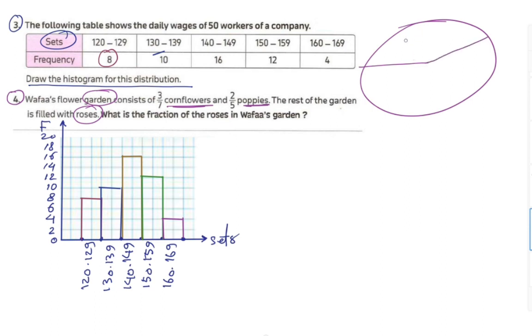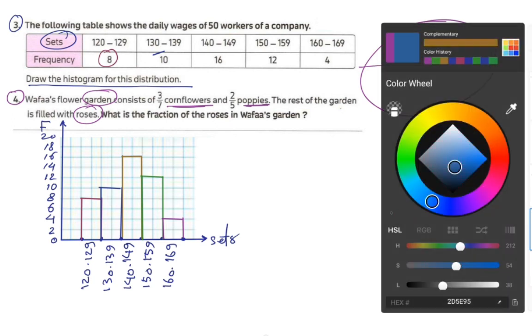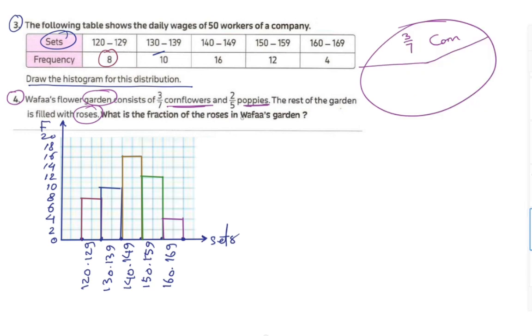So this is maybe 3/7, this is the cornflowers, and you have 2/5 poppies. 2/5 may be like this.